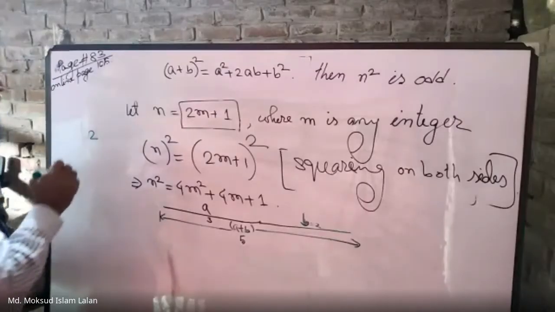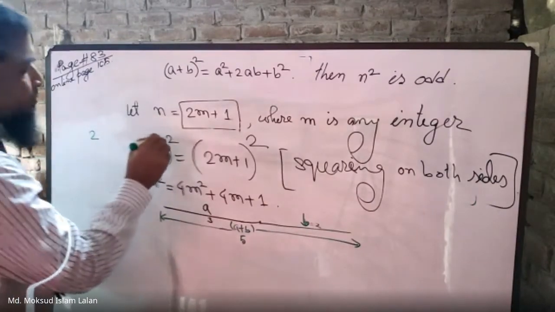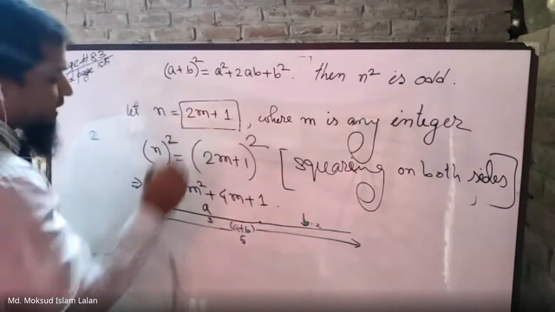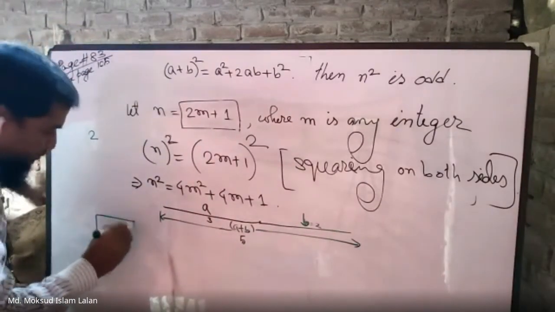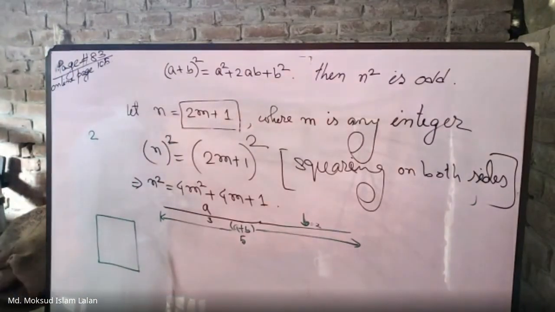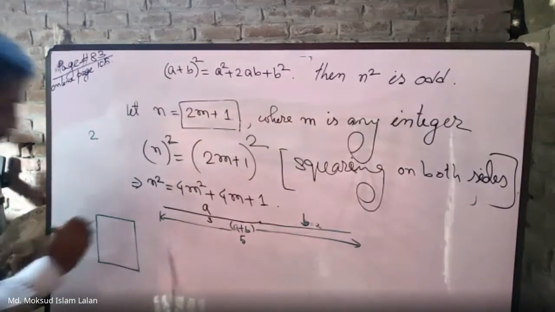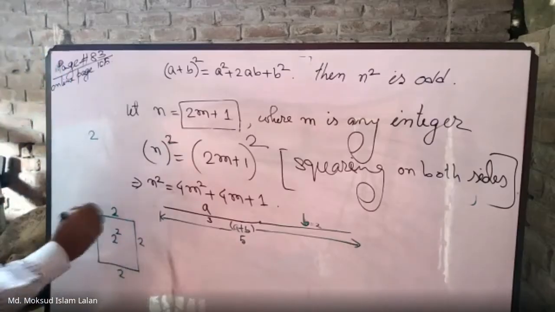Here, if you consider like 2 units, right? So it's square, right? You are telling square. Square means what? 2 unit, 2 unit, 2 unit, 2 unit, right? So this is 2, this is 2, this one is 2, this one is 2. You are telling this 2 square. This 2 square is represented by this.